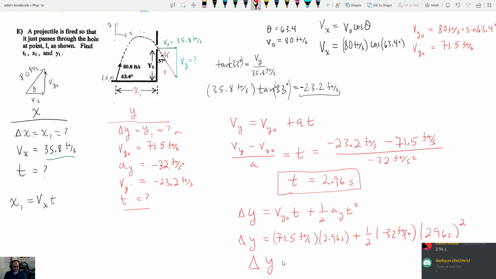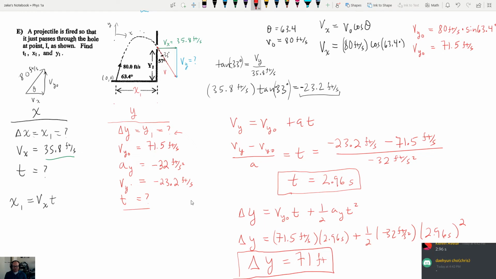We get delta y is equal to... I got 71.45. I'll call it 71, because depending on how many numbers you keep throughout here, you might get something different. Something on the order of 71 or 72 feet. That's what delta y is.